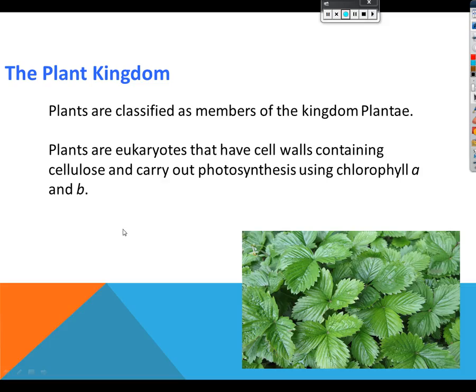All right, plants are going to be classified under that kingdom referred to as Plantae. Plants are eukaryotic. It's very important to remember that all plants are eukaryotic, meaning that all plant cells have a nucleus. Okay, that's what makes them eukaryotic. Plants are multicellular.